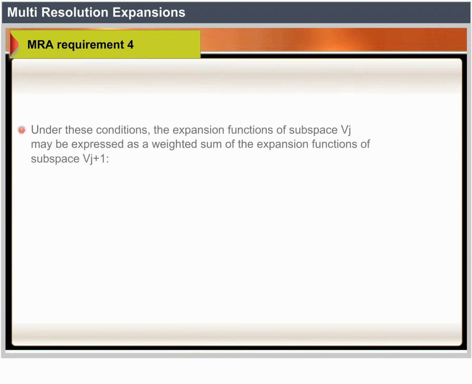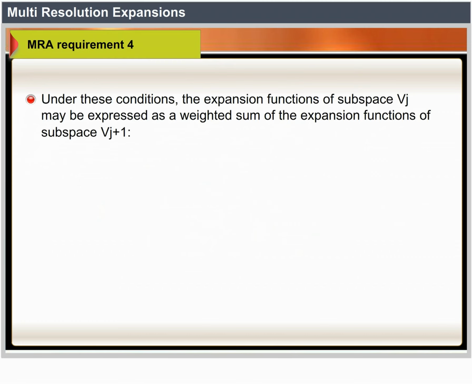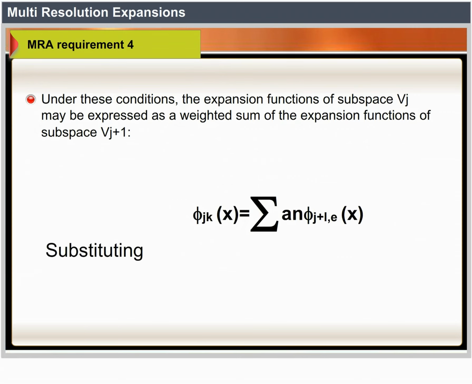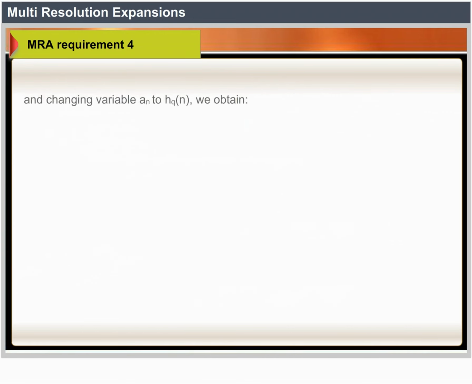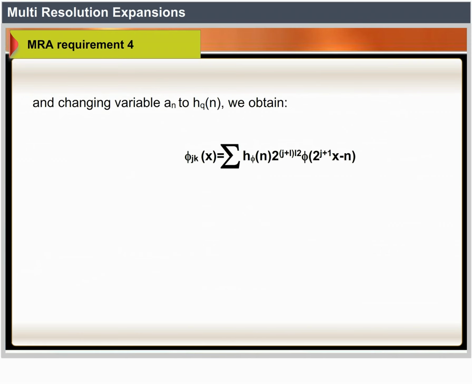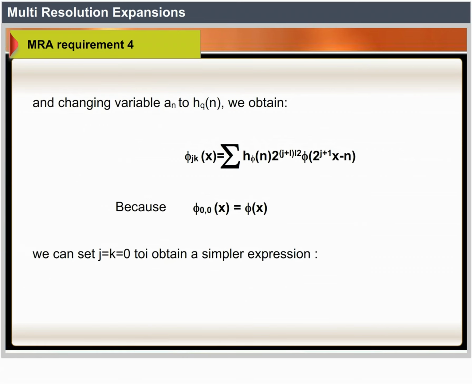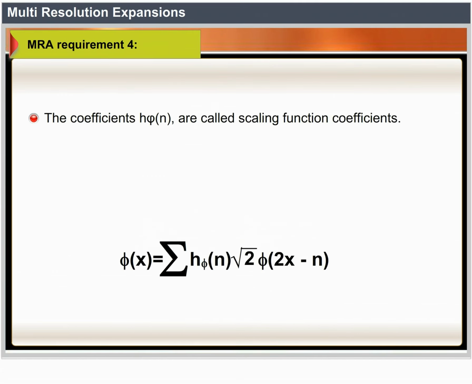Under these conditions, the expansion functions of subspace Vj may be expressed as a weighted sum of the expansion functions of subspace Vj plus 1, as shown on the screen. The coefficients h_φ(n) are called the scaling function coefficients.